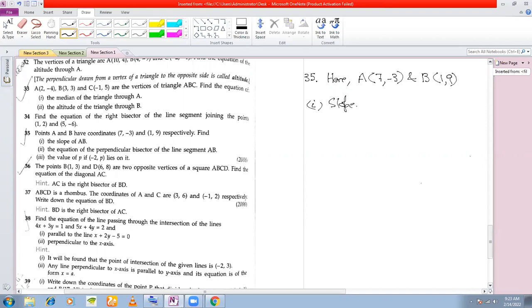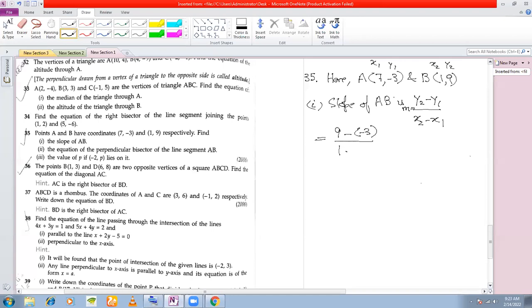Slope of AB is, consider this as your x1, y1. Consider this as your x2, y2. What is the slope of the line joining 2 given points? Y2 minus y1 by x2 minus x1. Okay, let's call this m. M is equal to, that means this you get. Y2 here is 9. Y1 here is -3.